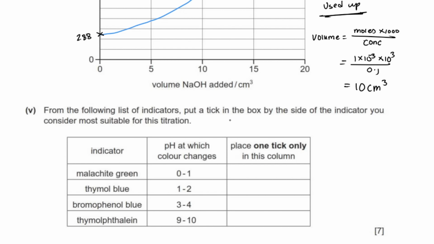In part 5, we've been asked to find a suitable indicator for this titration reaction. We have 4 options. We have malachite green, thymol blue, bromophenol blue. We know that the pH of endpoint must be within the range of an indicator.